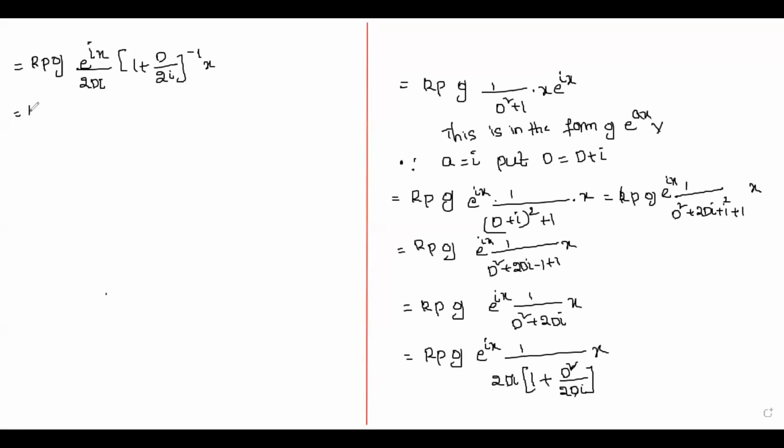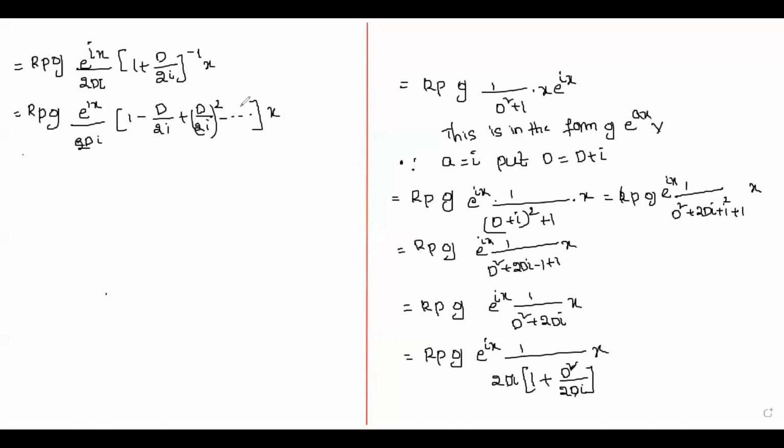So it is equal to the real part of e power ix by 2Di into 1 minus D by 2i plus (D by 2i) whole square minus and so on, into x.